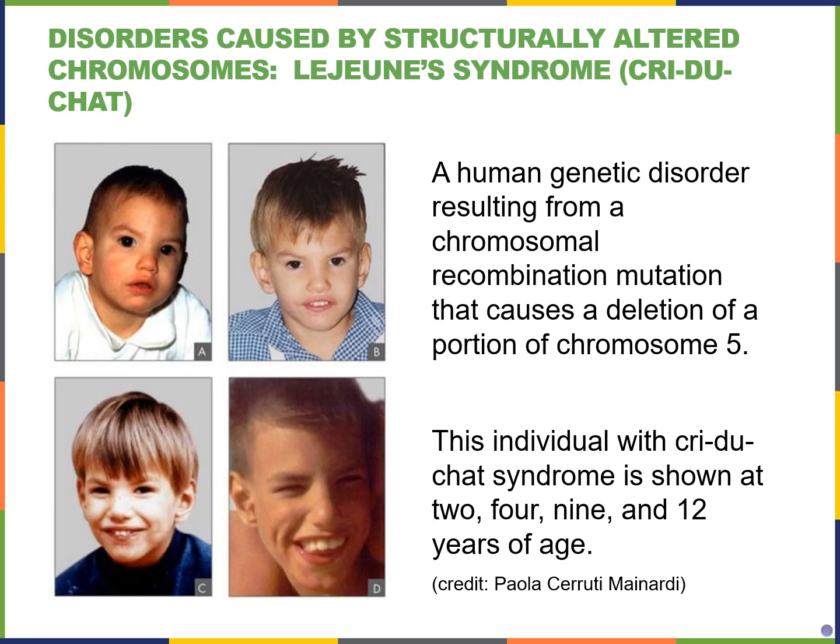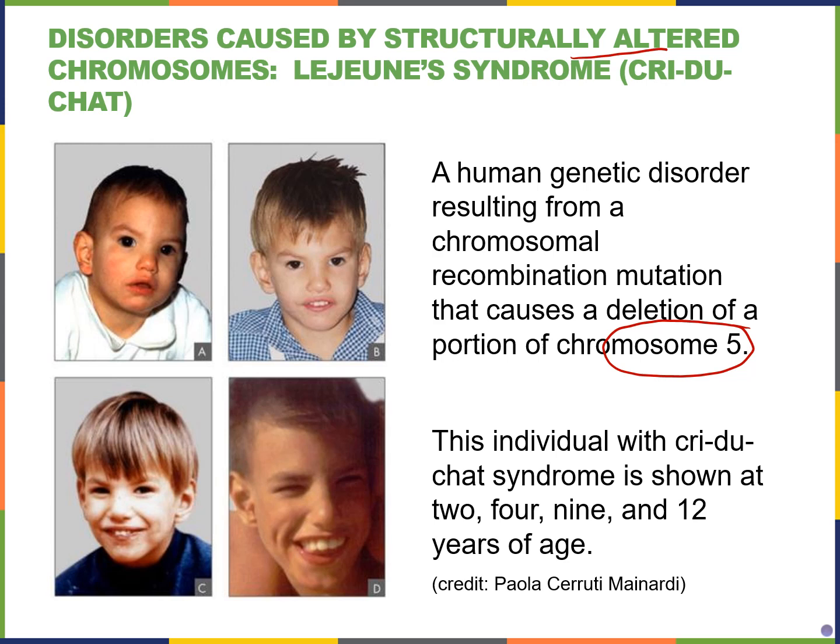Besides nondisjunction, there are other disorders that can cause abnormalities or diseases. One disorder is caused by a structurally altered chromosome, like the one shown here. If you have a specific deletion in chromosome 5, this can lead to Lejeune syndrome or Cri-du-chat syndrome.